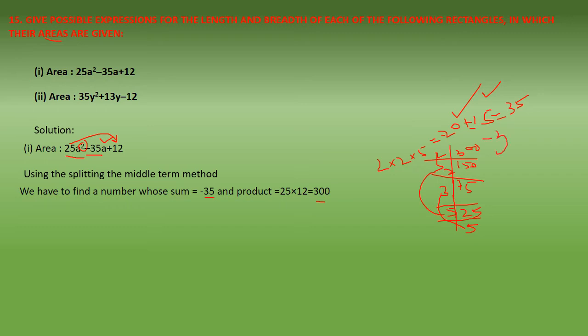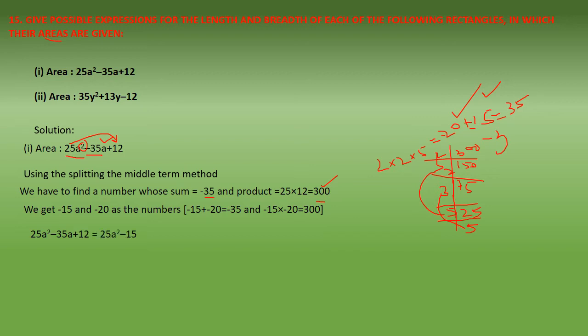And when we multiply minus 20 with minus 15 we get 300, because minus multiplied by minus becomes positive. So our condition is fulfilled. So we will split this 35 into 20 and 15. So we get the numbers 15 and 20, as I already told you.